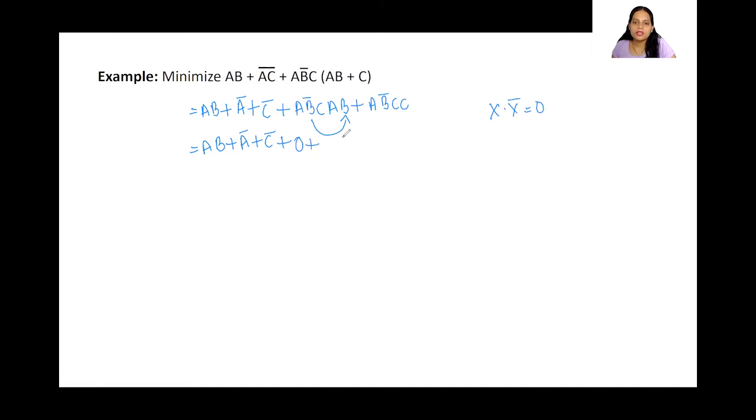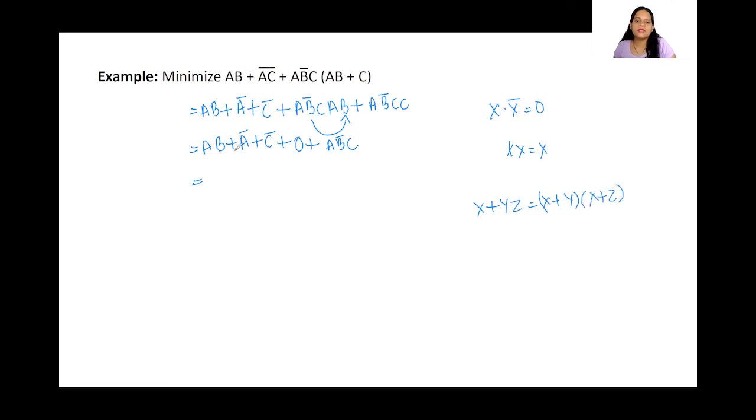And also next expression, see here, we have CC, that is x into x is nothing but x, right? So I can write it as AB bar C, right? Next, let's see what we can do here. Now, here we have AB plus A bar. Now we saw using the distributive law, how can we write x plus y, x plus z, right? Now using that, what happens here?